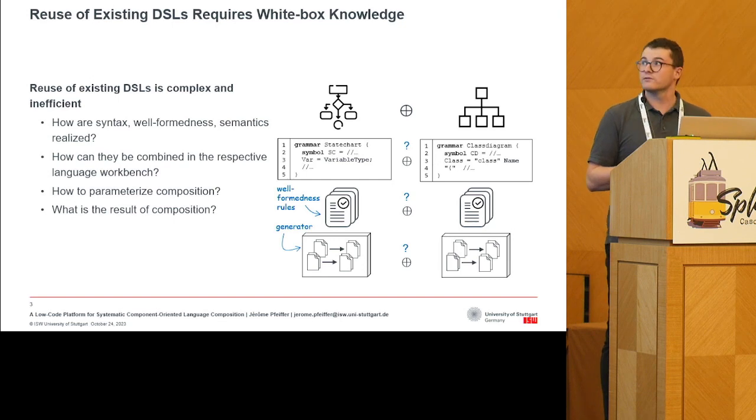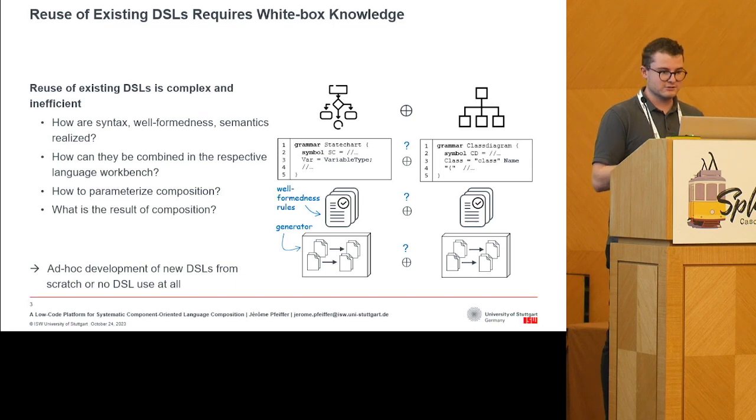And you also have to know how to parameterize the composition operators, and you also have to know what is the result actually when composing two languages. Because it is so complex and inefficient, we oftentimes tend to ad hoc develop new DSLs from scratch or don't use DSLs at all.